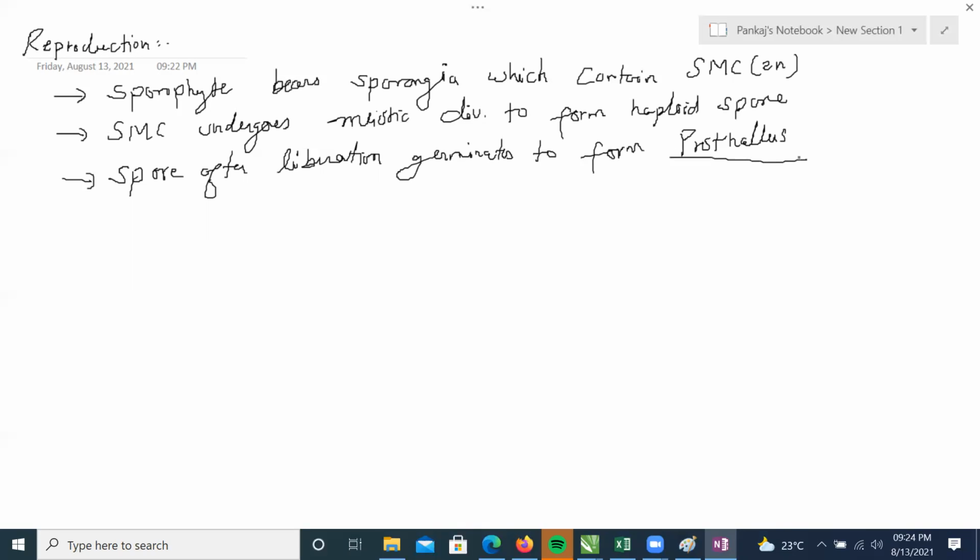So keep in mind, prothallus marks the beginning of the gametophytic stage, right? We have always emphasized that. Fungal spore germinates to form germ tube, bryophyte, protonema, pteridophyte, prothallus. Okay. So it is the gametophytic generation now.